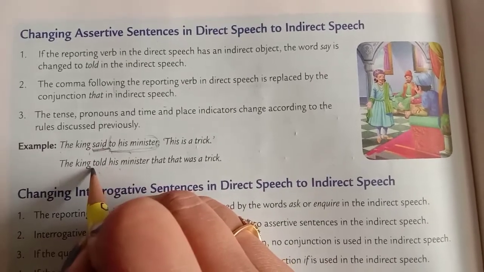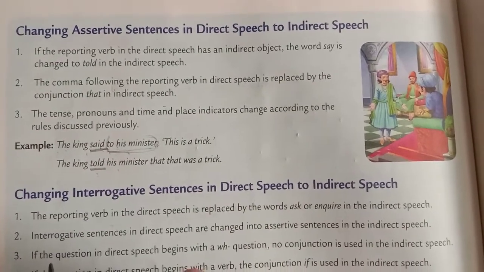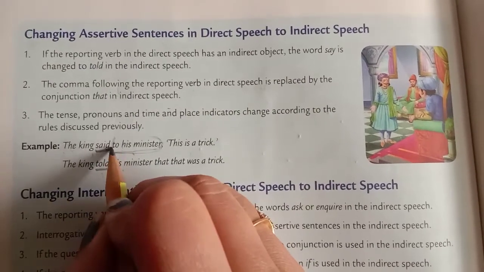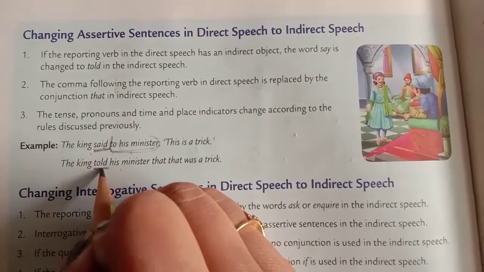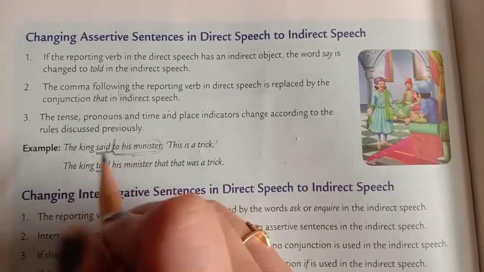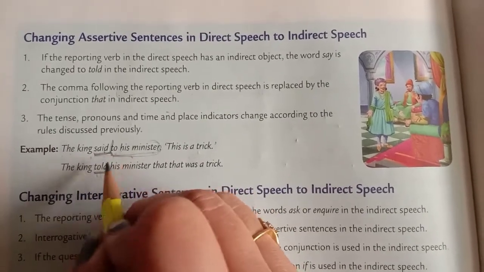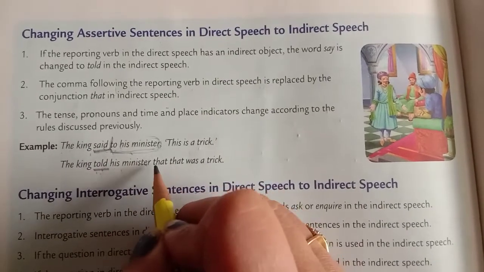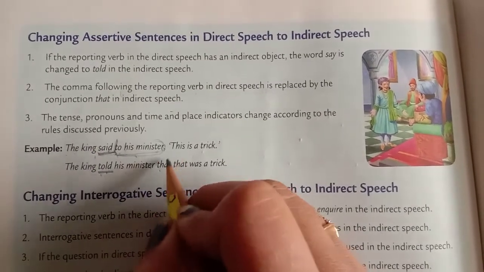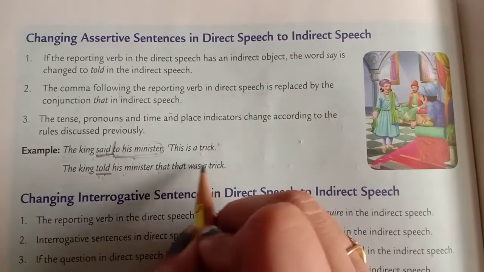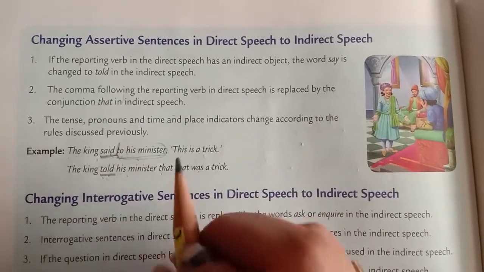We use the word told in place of said to. We use the word to with said, but we don't use to with told. We say the king told his ministers. Then whatever has been told is written following the rules of tenses, pronouns, everything.